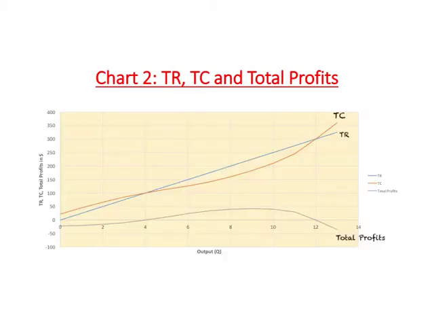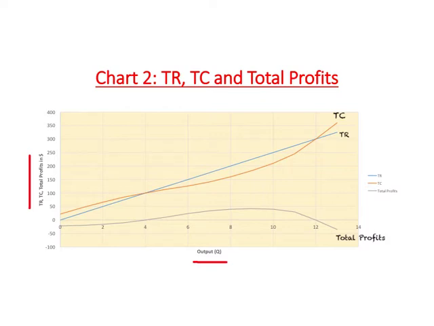Now based on the information in the previous table, we can draw total revenue, total cost, and total profits for the firm. On the horizontal axis we have output, or Q, and on the vertical axis we have total revenue, total cost, and total profits, all in dollars, so financial information.